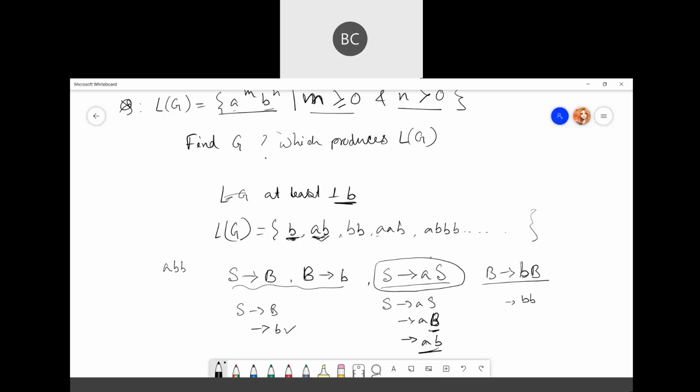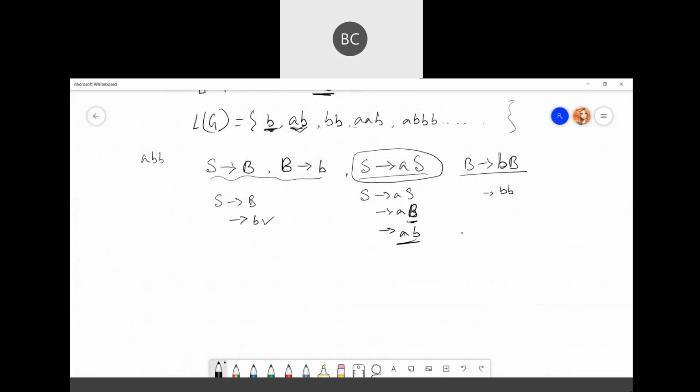Okay. Now, as a whole, you can see. Suppose I am starting from S to B to b. This is accepted. Then let's take another one, capital B. From B, now I am using this production, bB. From here again, I can replace B with b. This is also accepted. b, bb, these are accepted.